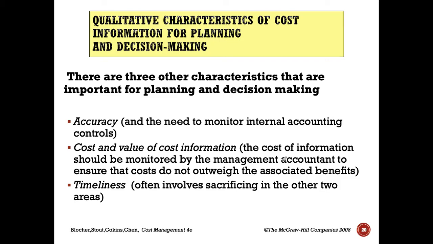Okay, we are now moved to qualitative characteristics of cost information for planning and decision making. There are three other characteristics that are important for planning and decision making. They are accuracy, cost and value of cost information, and timeliness. For accuracy, there is also the need to monitor internal accounting controls.